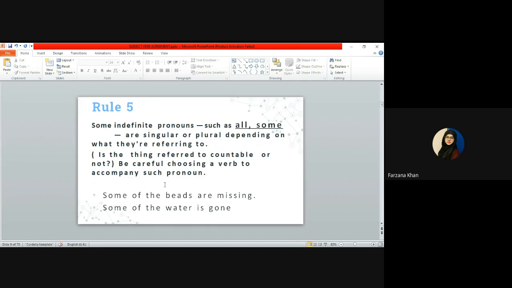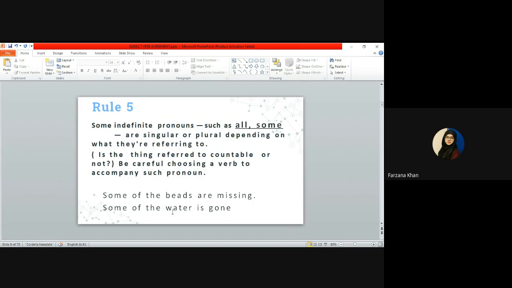You can see here in examples, some of the beads are missing. Here, the indefinite pronoun some is basically referring to beads, which is a countable noun. That's why you will go for a plural verb. But in the other example here, you can see some, which is an indefinite pronoun, referring to an uncountable noun, which is water.